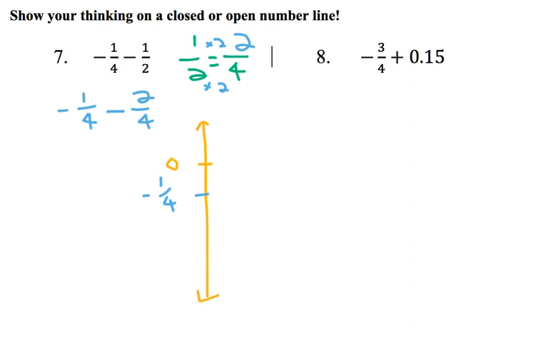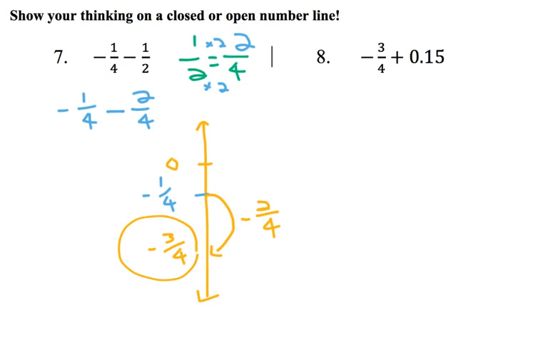And then we're subtracting, so we're going down. And then if we're below 0 and we go down further, in a way it's like adding. So 1/4 underground, and then 2 more fourths underground would be like negative 3/4, because it's 3/4 below 0. So that's your answer for this one.